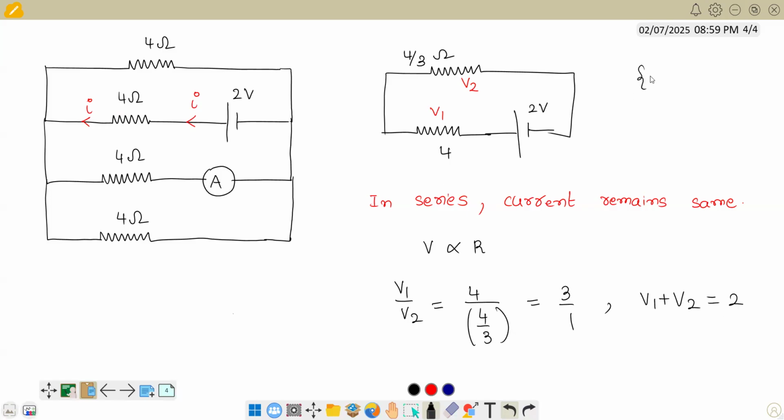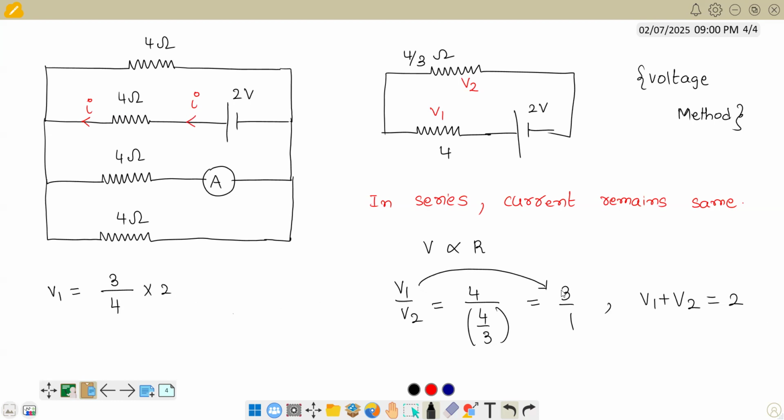This is called the voltage method. The method I'm explaining right now is called the voltage method. In this voltage method, we will use the ratio and sum. So V1 by V2 is 3 by 1, V1 plus V2 is 2. If you want V1, you have to find the corresponding ratio. The corresponding ratio is 3 divided by sum of ratio 3 plus 1, 4, into total which is 2.